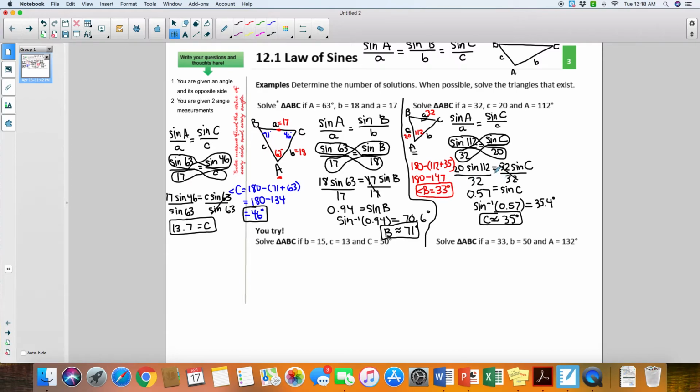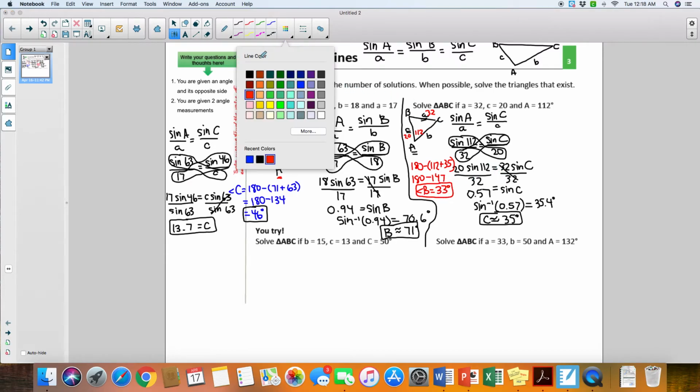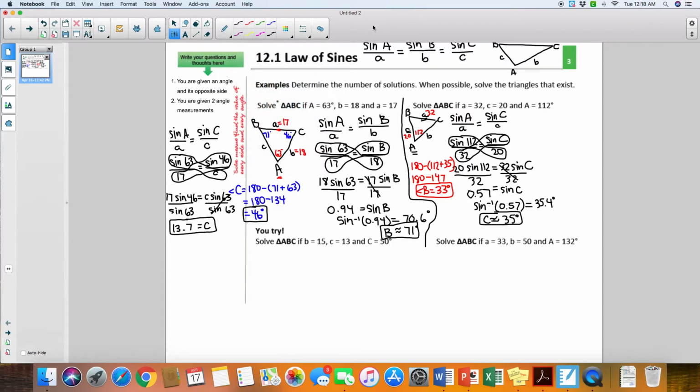Now that we have found angle B, I can now find side b by reusing the formula. So I would do sine of angle A over little a equals sine of B over little b.